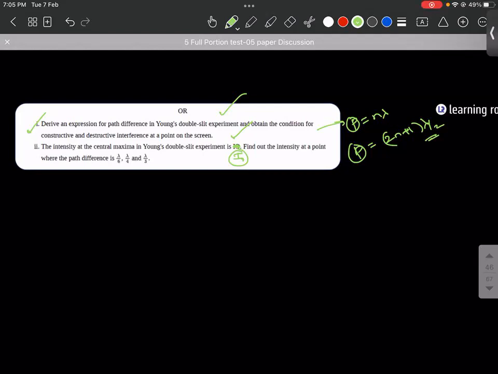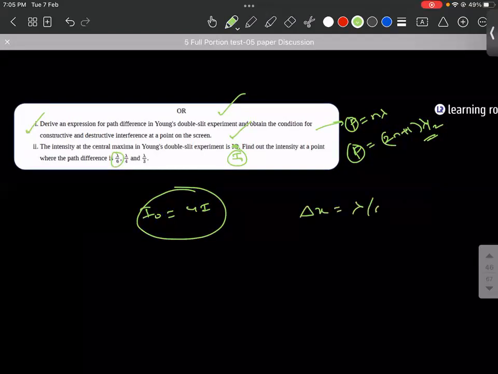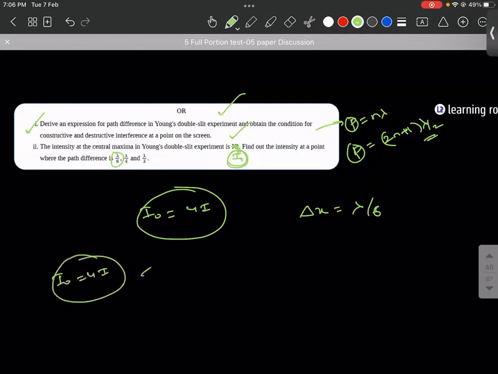If I take I0 as 4i, then the path difference here is lambda by 6, so delta x is equal to lambda by 6. So I0 will be 4i.